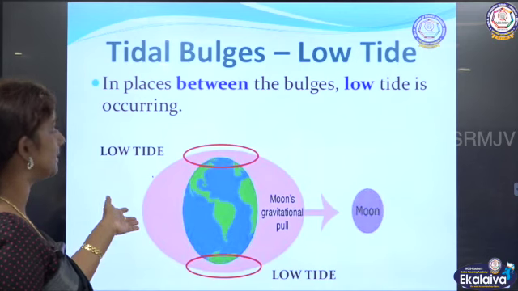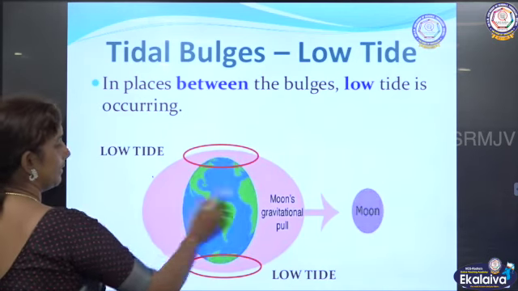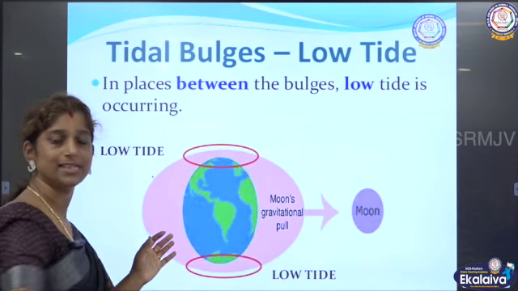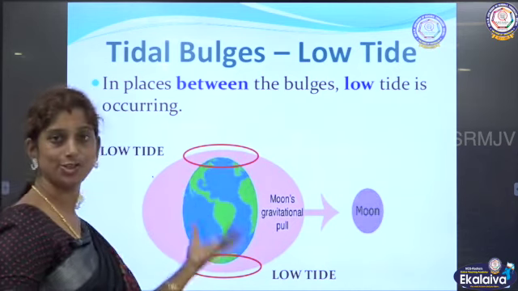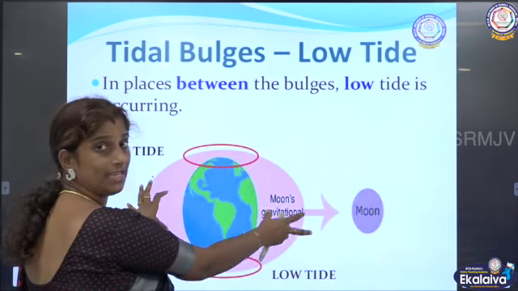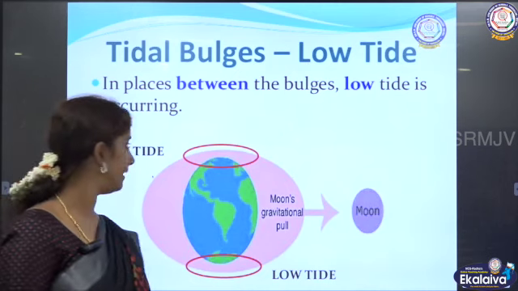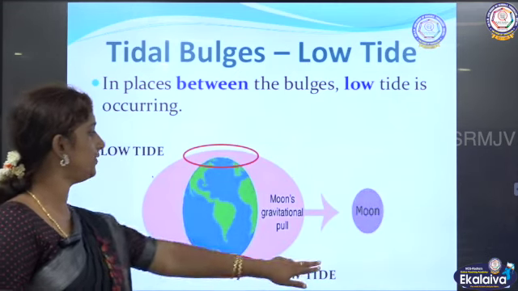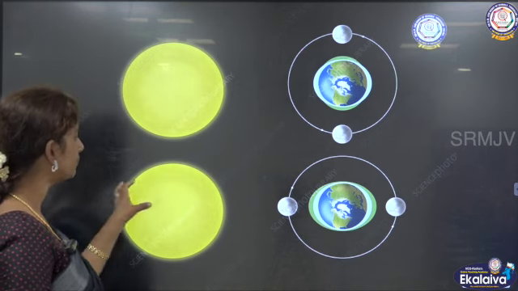So here you can see again the low tide and high tide difference. Here these two are high tides as we have seen. So the places between these two bulges, these two zones form a low tide. Alright. So that is what we are seeing here.